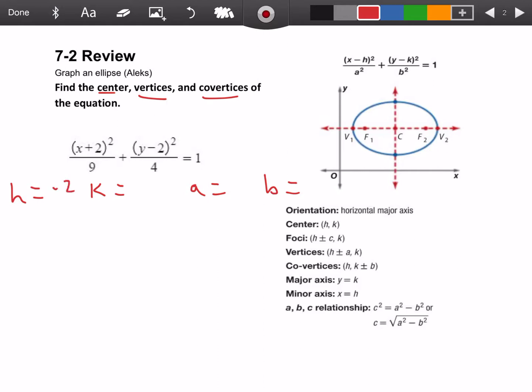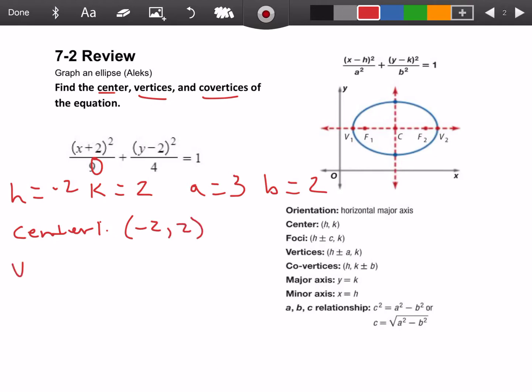And so H we have -2, and K we have a +2. Our A in this case would be the square root of 9, which would be 3, and B would be the square root of 4, which is 2. So our center would be -2, 2.